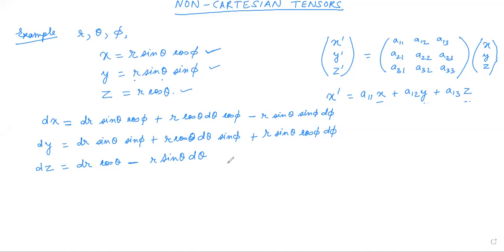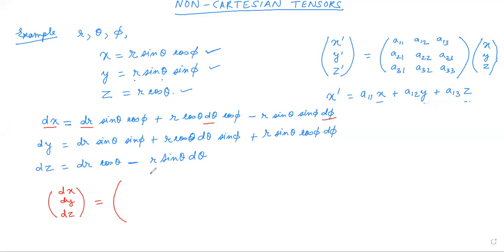Now if we look at the differentials, we have dr, d theta, d phi, and dx, dy, dz. So we can write it in matrix form. dx, dy, dz in matrix form is equal to: what is the first term here?